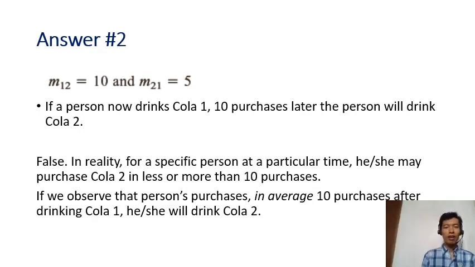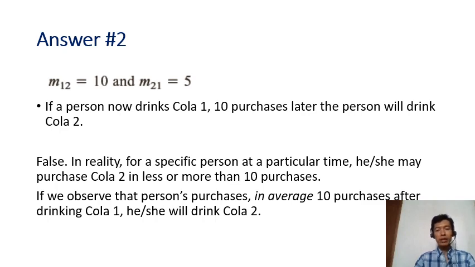The answer is false, because in reality, if you're looking at a specific person at a particular time, and now he or she is drinking Cola 1, you cannot say for sure that he or she will drink Cola 2 in 10 purchases. Maybe he or she will drink Cola 2 in 3 purchases, maybe 13, maybe 15, maybe 20, maybe 8. So you cannot say that exactly.